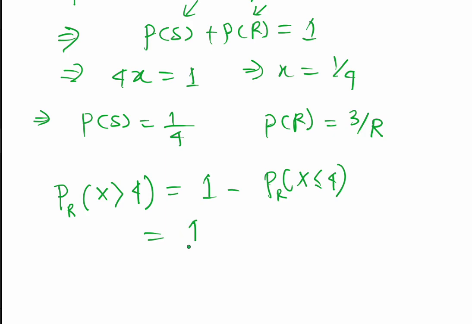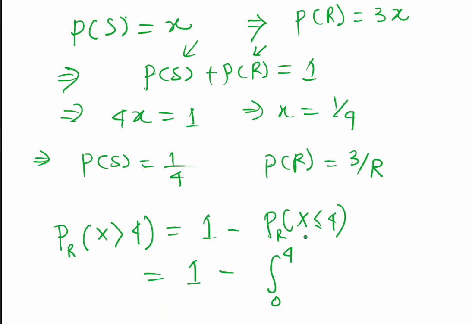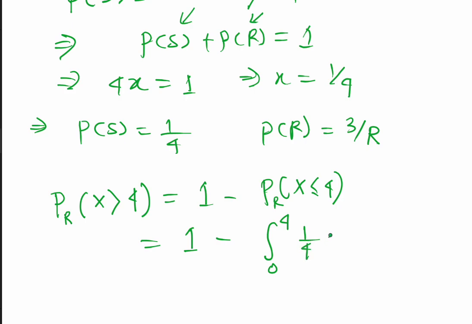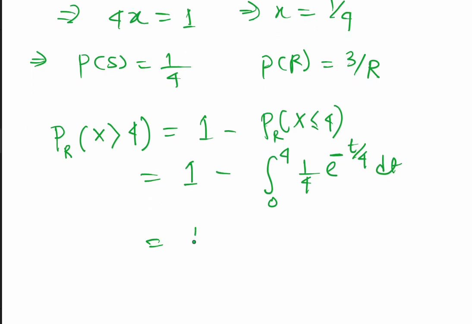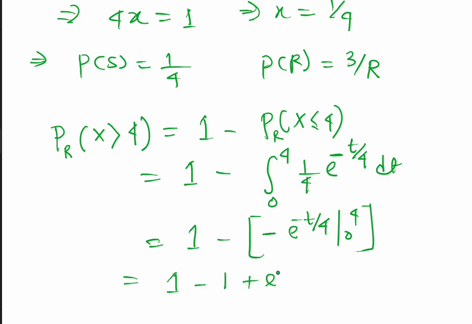So 1 minus the integral from 0 to 4 of 1 by 4 e to the power minus t by 4 dt, which is 1 minus (1 minus e to the power minus 4 by 4), so e to the power minus 1.